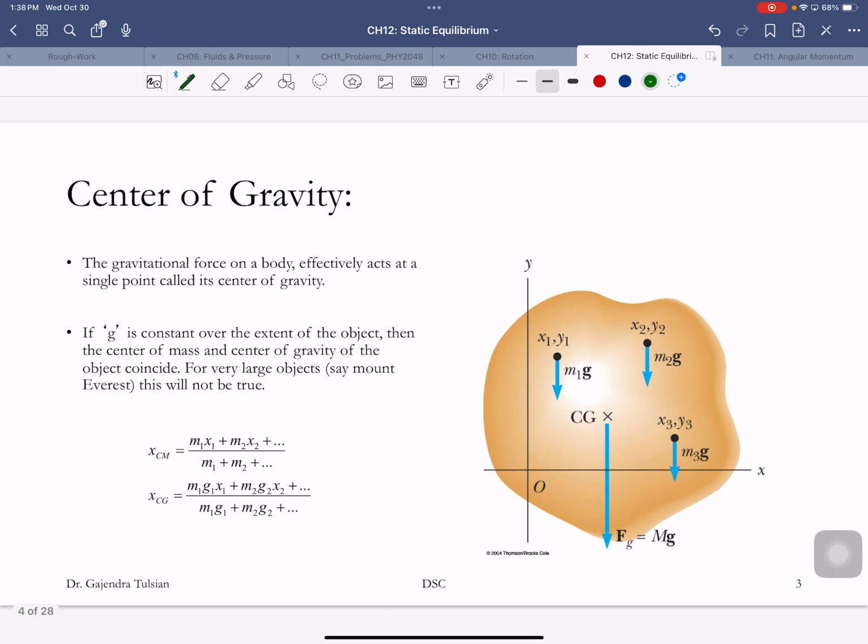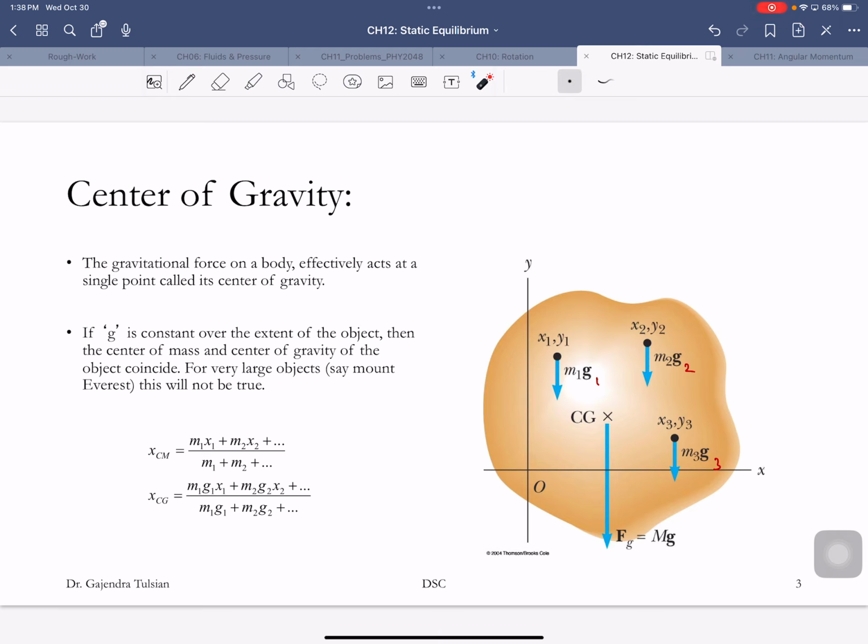So here's the definition, just again. As far as we're concerned, center of gravity and center of mass will essentially be the same, okay? The points will not be very different. But if you had a very, very large object, and the acceleration due to gravity is different at different points, then the center of gravity is defined.